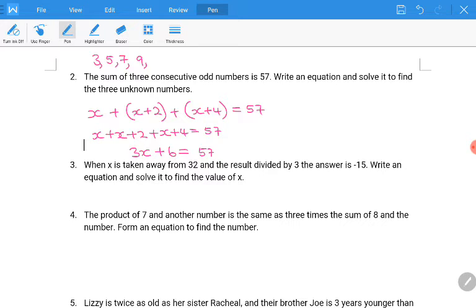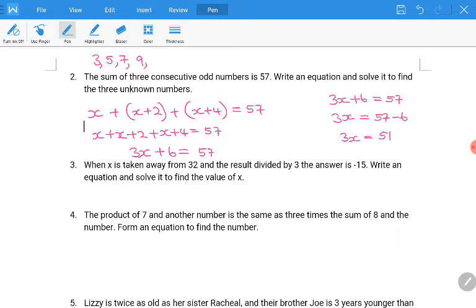So we have formulated the equation. Solving this equation, 3x plus 6 is equal to 57. So if 6 goes to the right hand side, our expression becomes 3x is equal to 57 minus 6. So 3x is equal to 51.